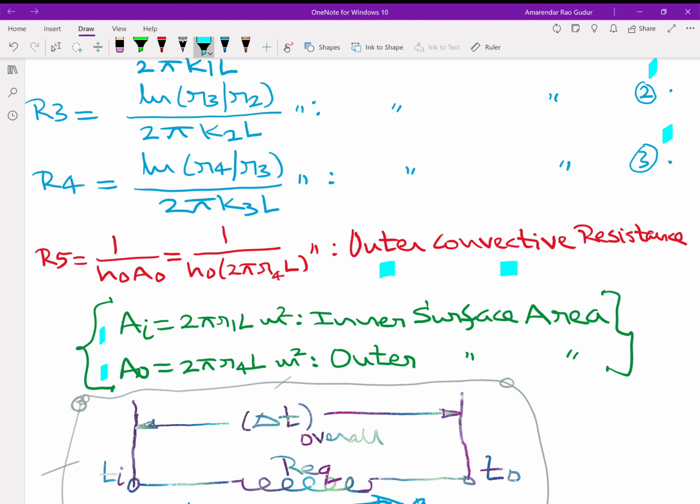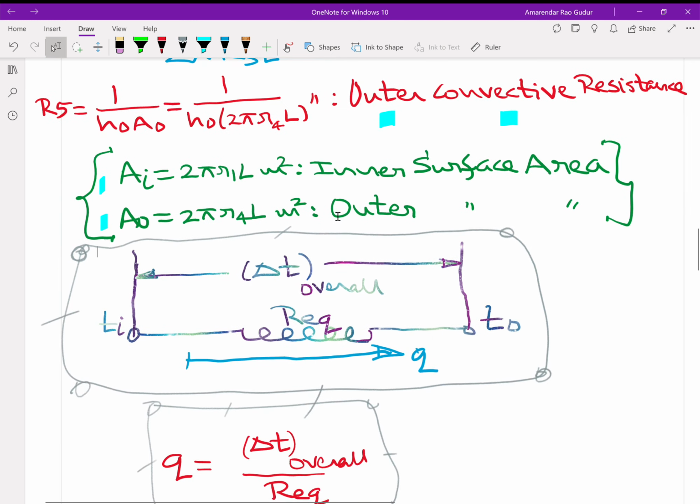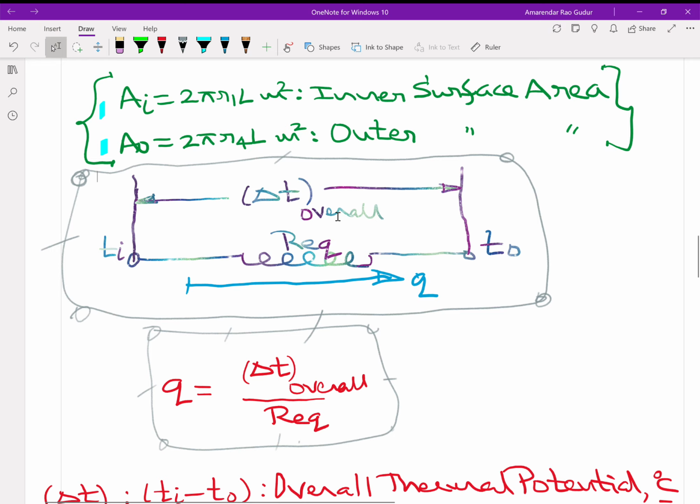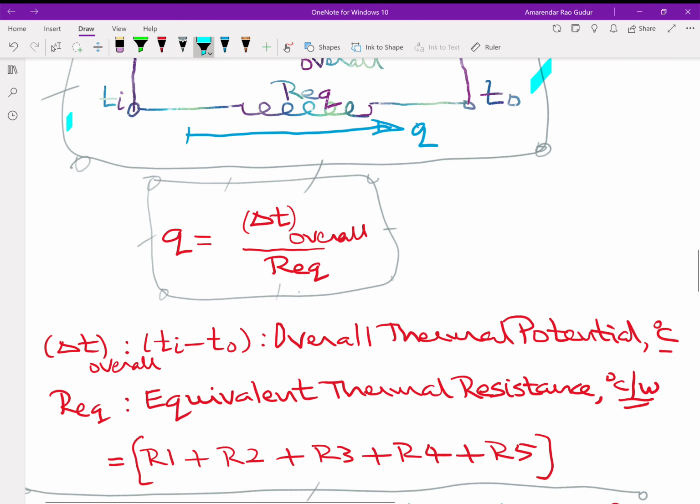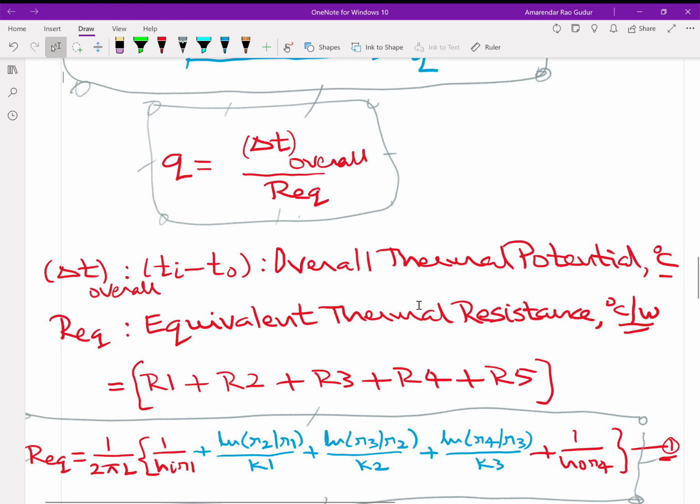Since all the resistances are operating in series, we can blend them together to get the equivalent resistance of the system. Q is simply the ratio of del T overall by R equivalent. Del T overall represents the overall thermal potential available in the system, and R equivalent is the equivalent thermal resistance, which is simply the sum of the individual resistances.